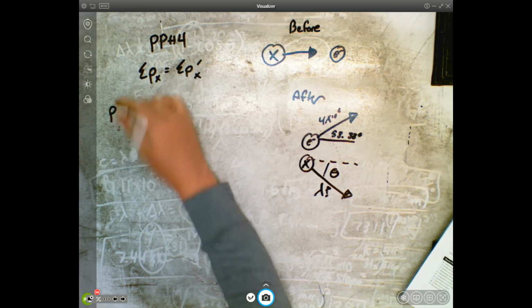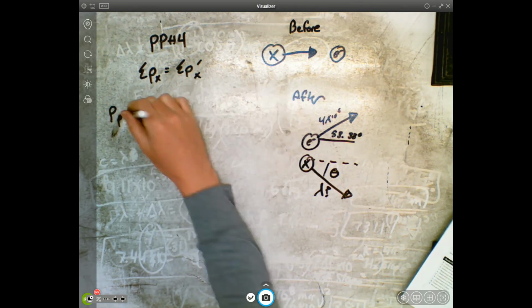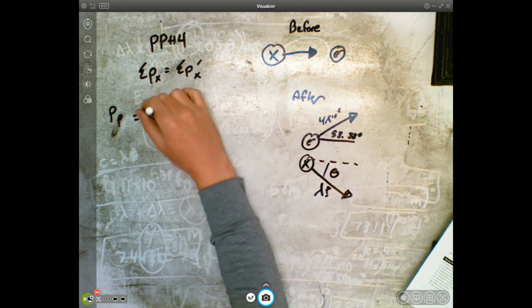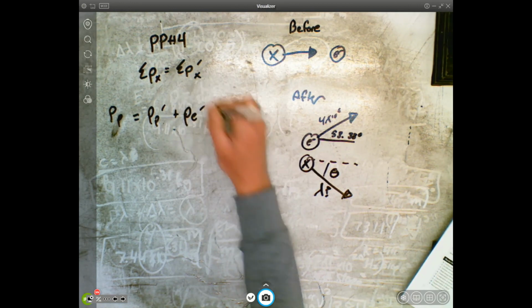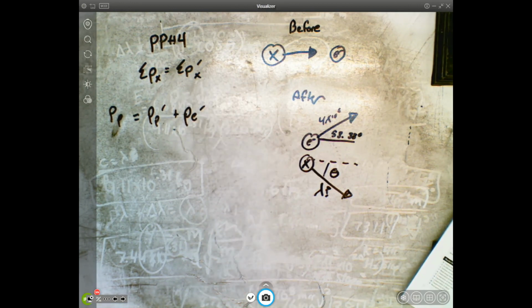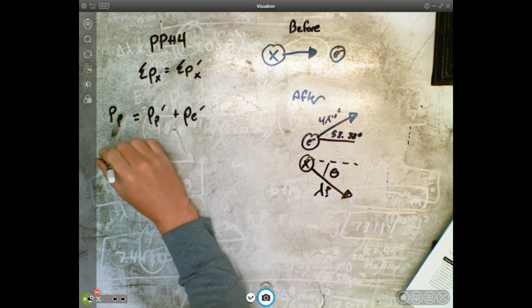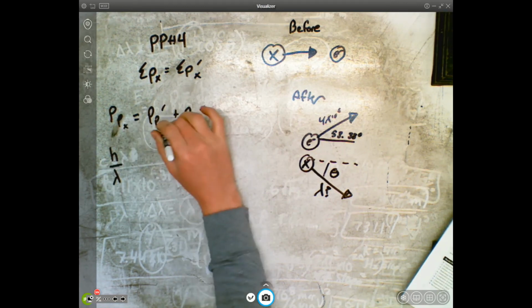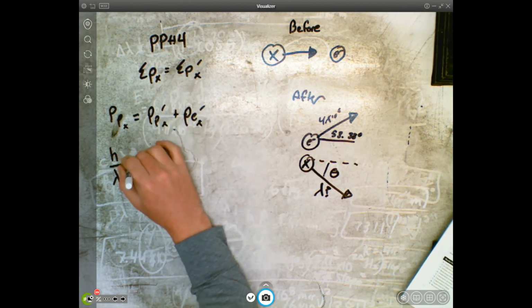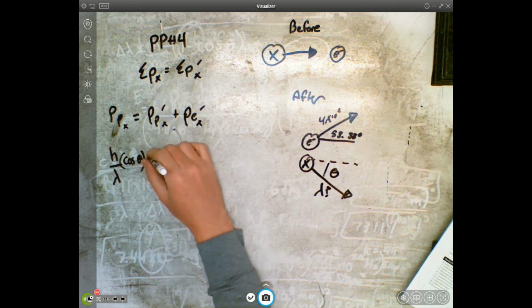And then after, we have the momentum of our photon after, and the momentum of our electron after. The key to doing these questions is that if we're talking about light, about a photon, we're going to use h over lambda. And because it's in the x, we want cos of our angle, right? x is always cos.